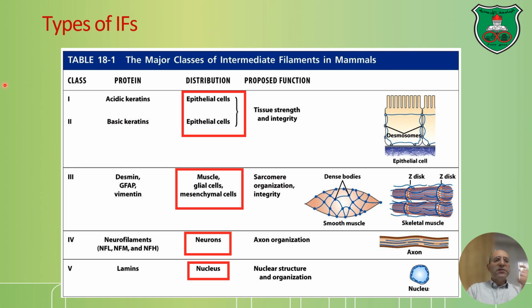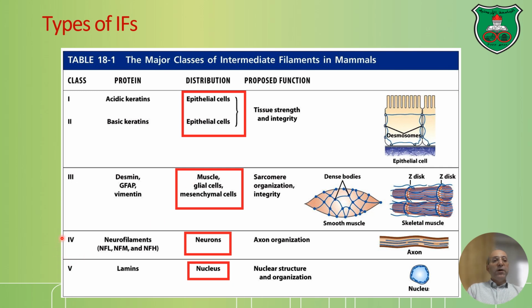So again, these are the different types. We have type 1, acidic keratins, type 2, basic keratins, and they exist in epithelial cells. Type 3 intermediate filaments include desmin, so we talked about this, and vimentin. Vimentin exists in mesenchymal cells. Desmin exists in muscle cells.